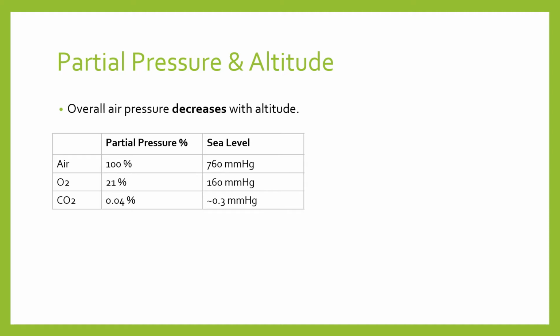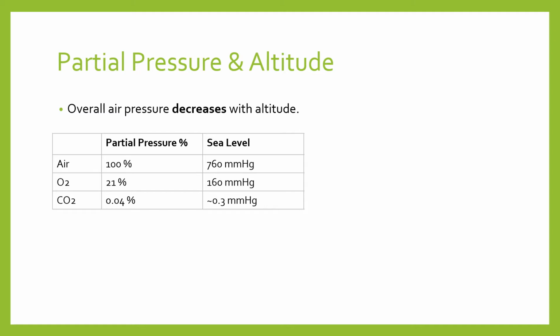And so in this case, because 21% of 760 is 160, we say that at sea level, the partial pressure of oxygen is 160 millimeters of mercury. That's just 21% of 760. And we can do the same with carbon dioxide.